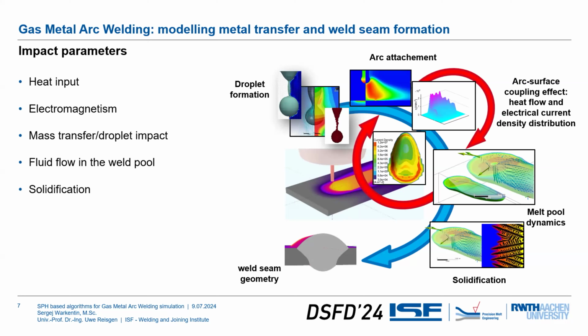We have a strong coupling effect on the surfaces, because the surface temperature influences the properties of the arc, the plasma, and by the properties of the plasma, we have another distribution of heat flow into the surface, and also another distribution of electrical current.